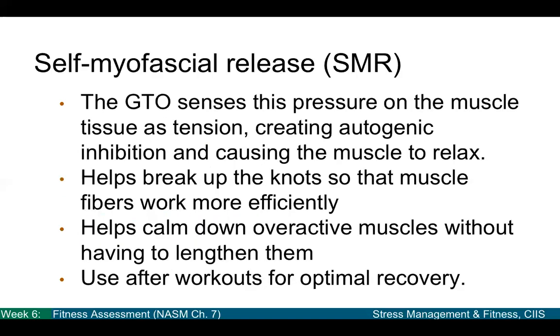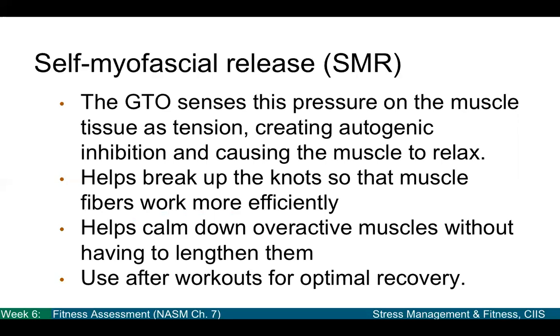So how does this work scientifically speaking? So basically what's going on here is the GTO senses the pressure on the muscle tissue as tension. Okay, so you're putting pressure on that tissue, it's sensing tension, and it creates an autogenic inhibition and causes the muscle to relax. So you're basically scientifically tricking, in a sense, these tight knots of muscles to relax.